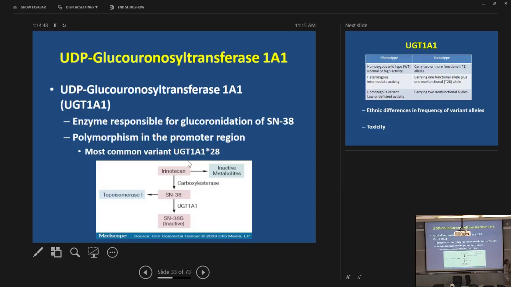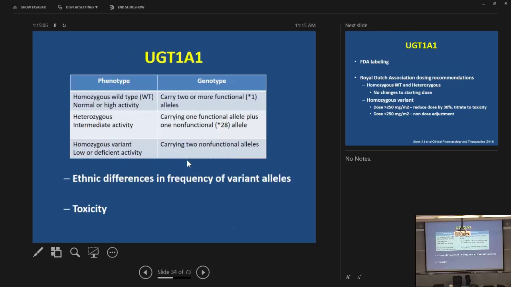Okay. All right. The most common polymorphisms we see with this are usually UGT1A1 star 28. That's probably the most common variant or mutation that we'll see with this. Okay, so just like our other cancers, we have our homozygous wild type, our heterozygous, and our homozygous deficient, right? There again, there are some ethnic differences here. So Asians are more likely to be wild type, then Caucasians, and then Africans.